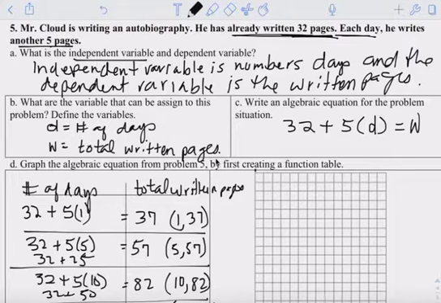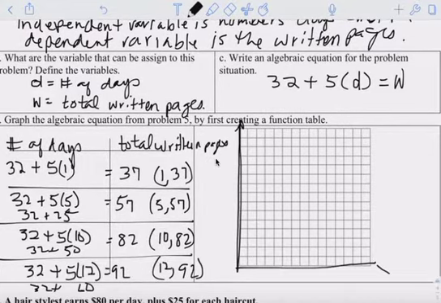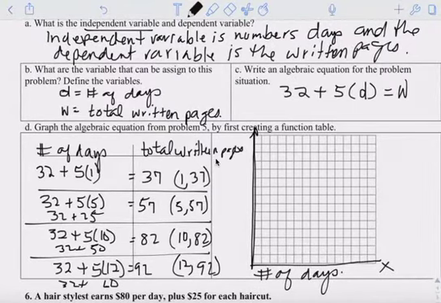So let's label the independent and dependent variables. The independent variable is the x, the number of days, and here would be the total written pages.